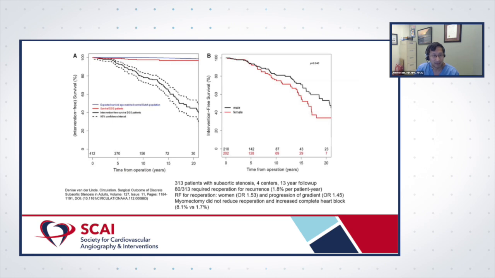Risk factors for reoperation included being a woman and any progression of the gradient seen, but they couldn't seem to reduce it just with a myomectomy. So I thought I'd toss that in just as a surgical pearl. Well, it's good to hear.